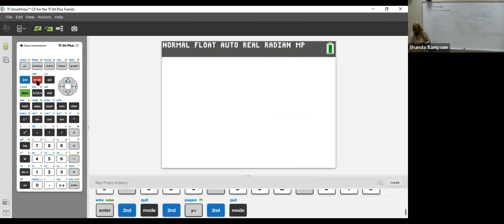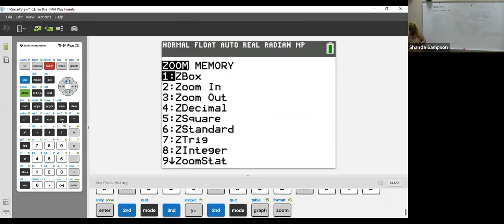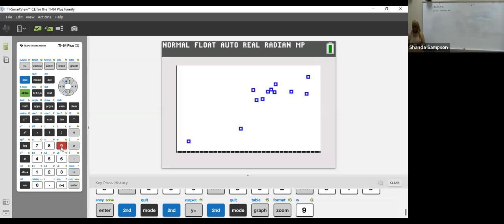You just go to graph. If you don't see a graph, you go to zoom and you go to 9. And then this should be your scatter plot. You can tell if it's off or not. I'm not going to draw it.